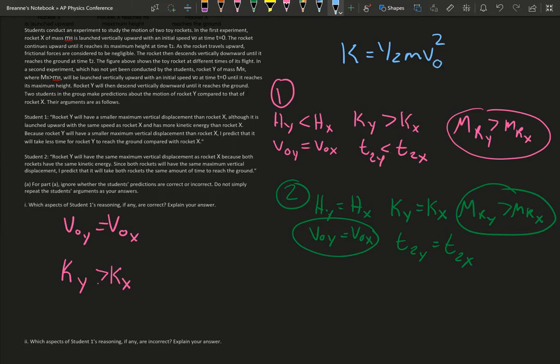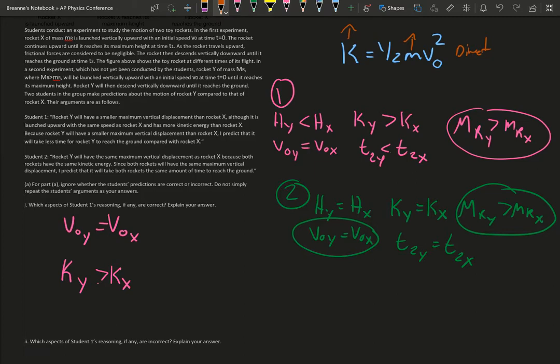The velocities are the same, but we have an increase in mass. So if we have an increase in mass, we have an increase in kinetic energy because that is a direct relationship. So since the mass of rocket Y is greater than the mass of rocket X, it's going to have a greater kinetic energy. So we know that's correct also.